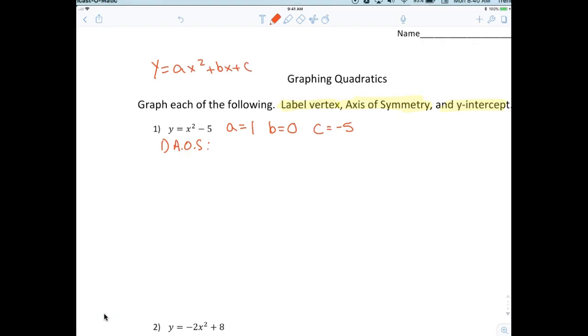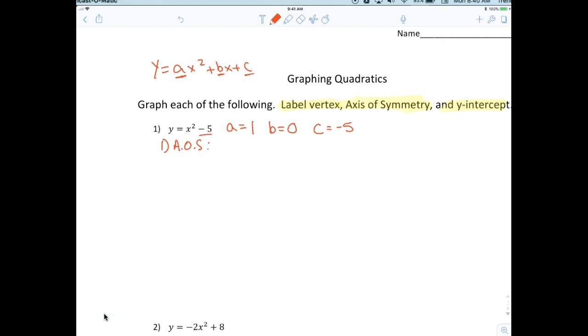A is the number in front of the x squared term, which is 1. B is the number in front of the x. In this case, there is no x, so B is 0. And C is your constant, which is -5.